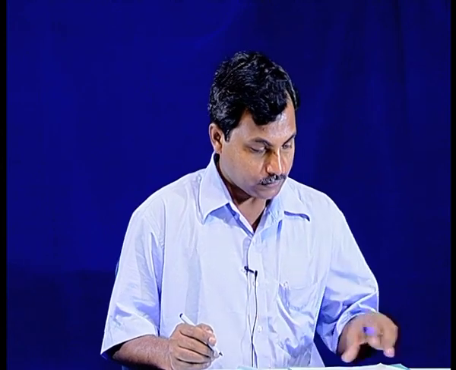Now, all these are listed in your book in the tables. So, I have correlations for cylindrical annulus, spherical annulus. So, the idea remains the same.